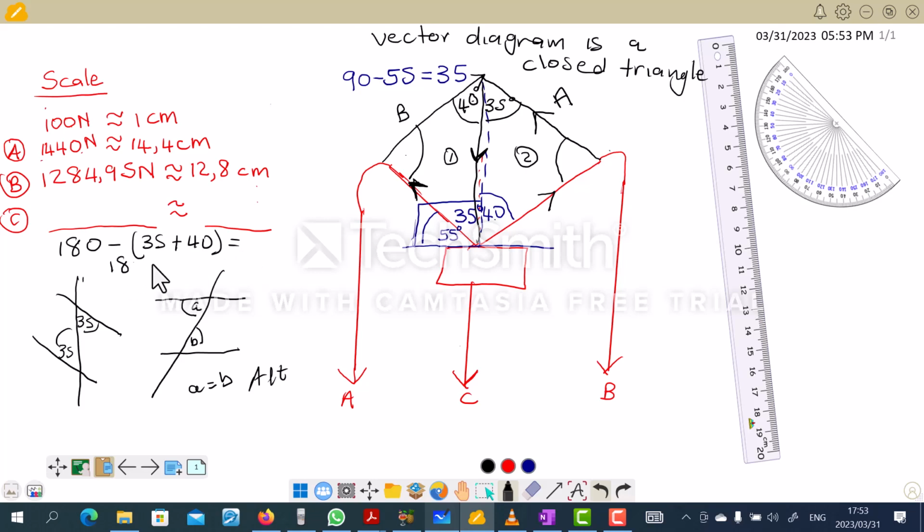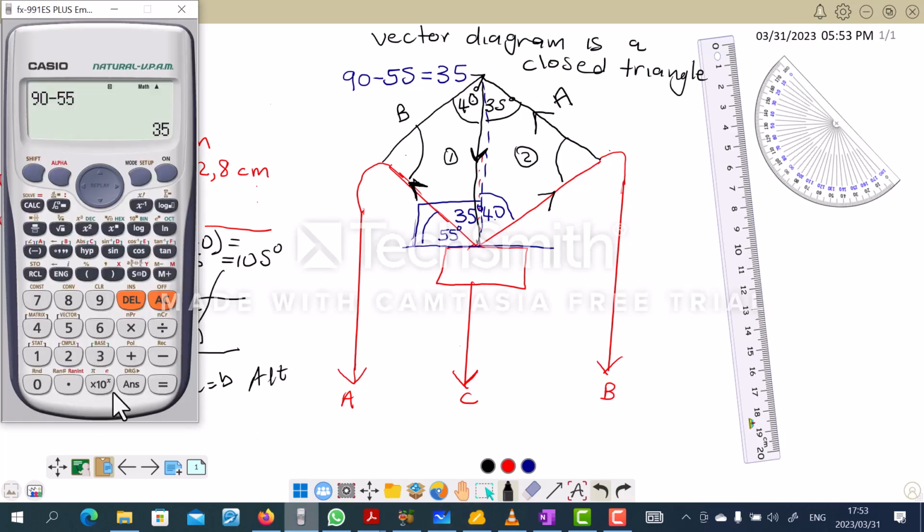So it's 180 minus 35 plus 40, which I think is 75. So what is 180 minus 75? I think it's 105 degrees. Let's check. 180 minus 75 is 105 degrees.